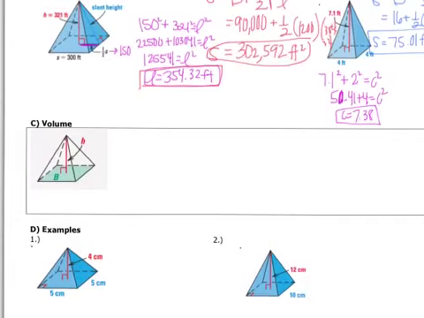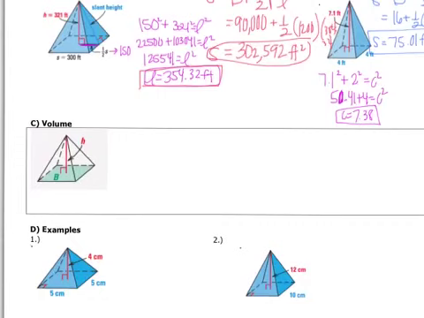So how did we change the volume formula for a cylinder so that it would apply to a cone? We took 1/3. The same relationship exists between a prism and a pyramid, as long as they have the same base and height, similar to the cylinder and the cone.